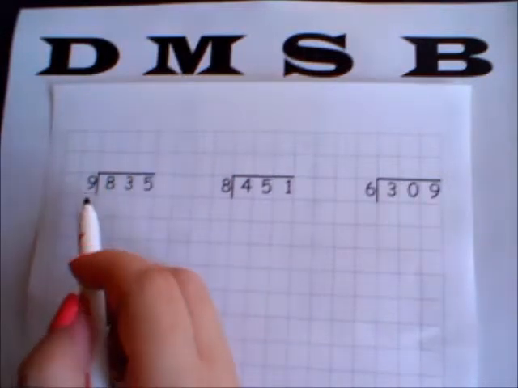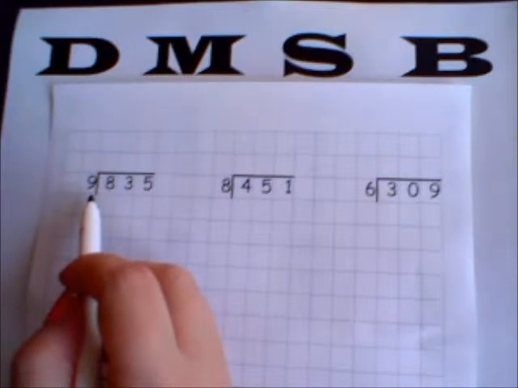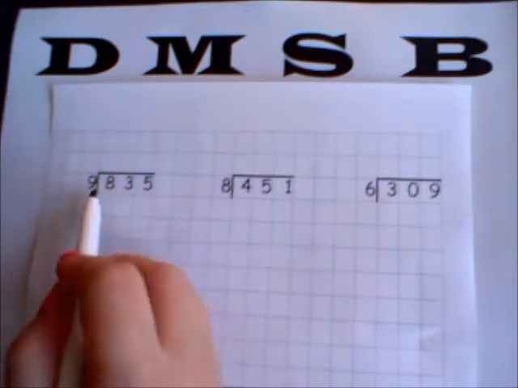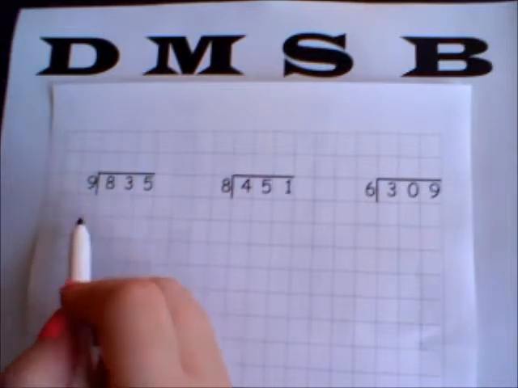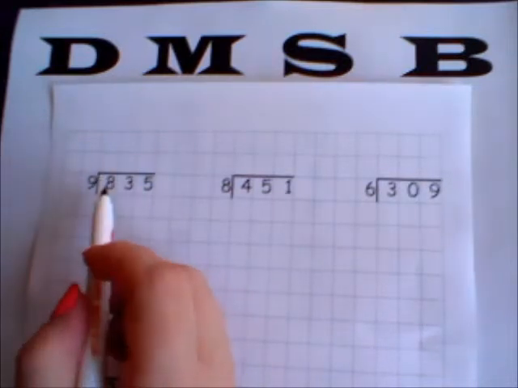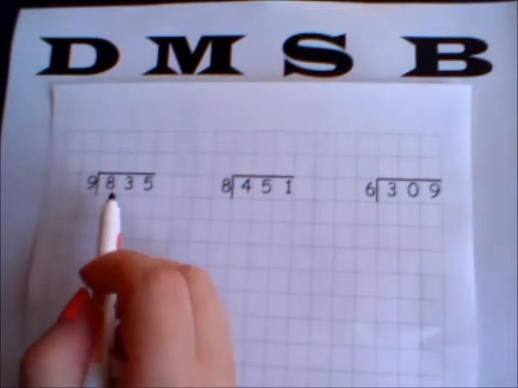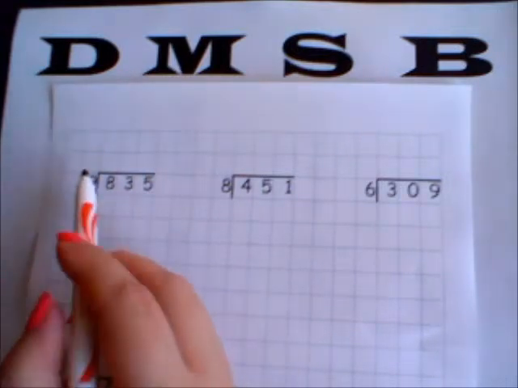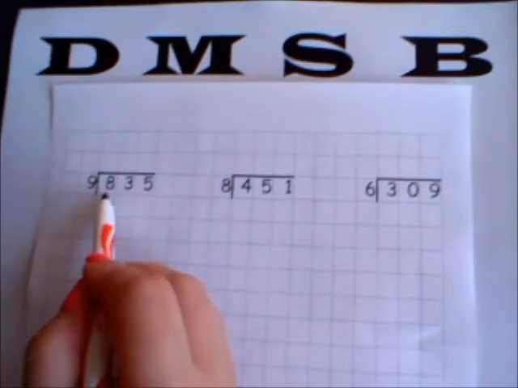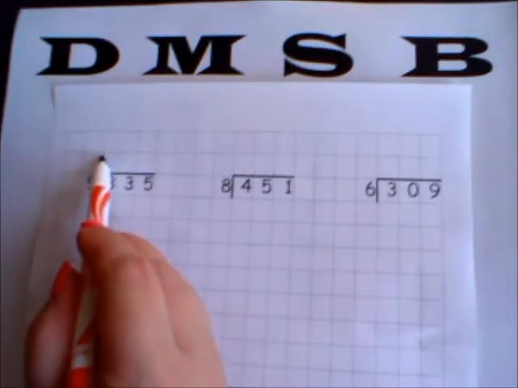Okay, so in this case, we have 835 divided by 9, okay? So what we're going to do is we're going to start by dividing. When we look at our DMS loop or SB loop, 9 goes into 8 how many times? 0, right? Again, there's nothing here.